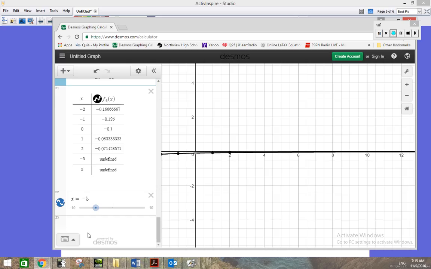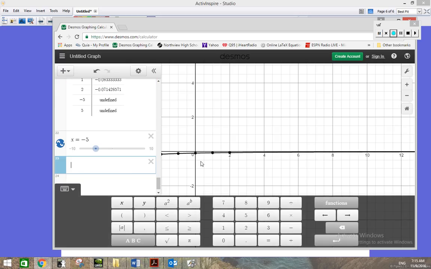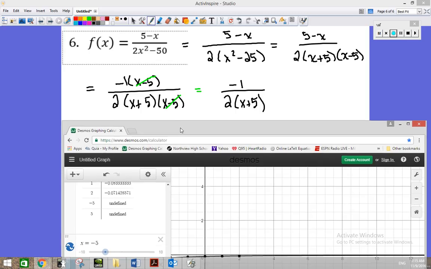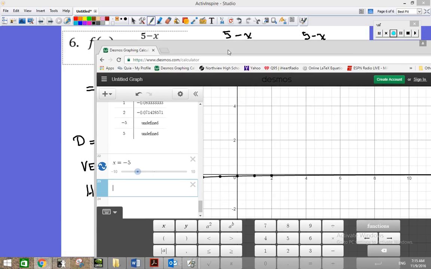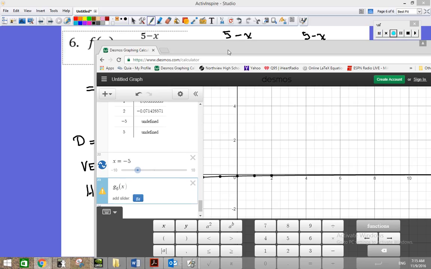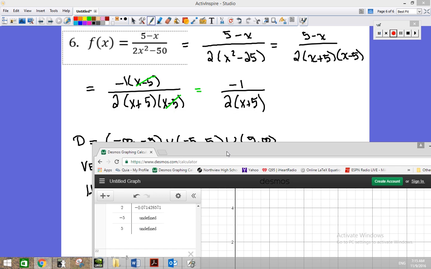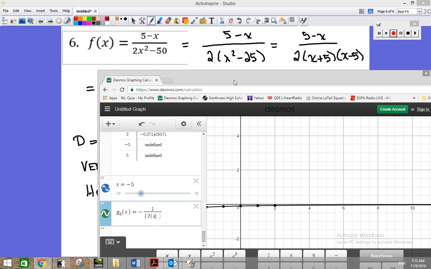Now we can figure out that there's a hole there by graphing the reduced function, negative 1 divided by the quantity 2 times x plus 5.